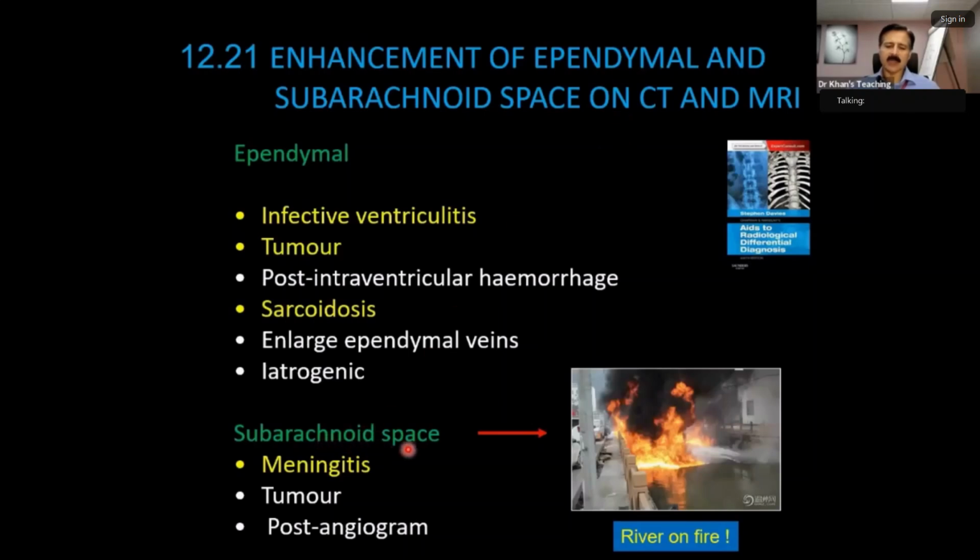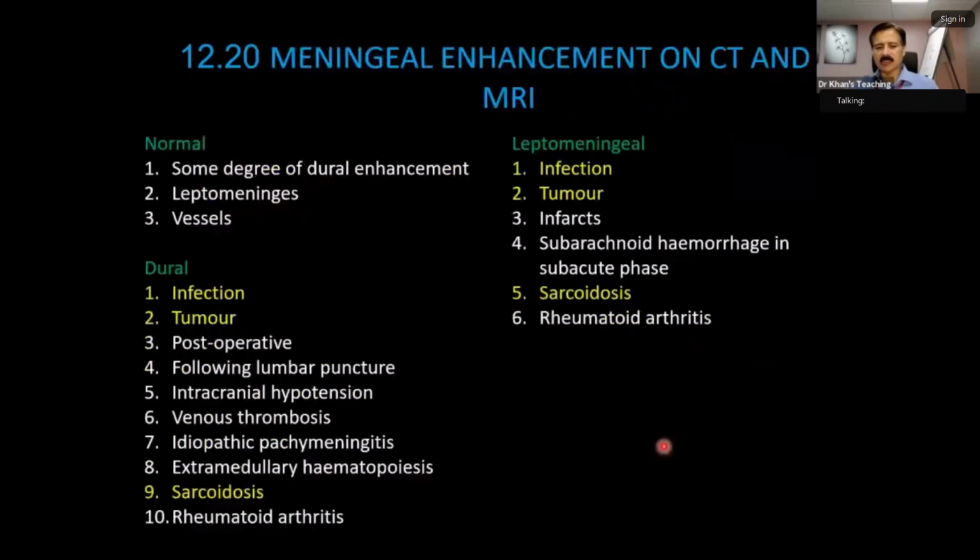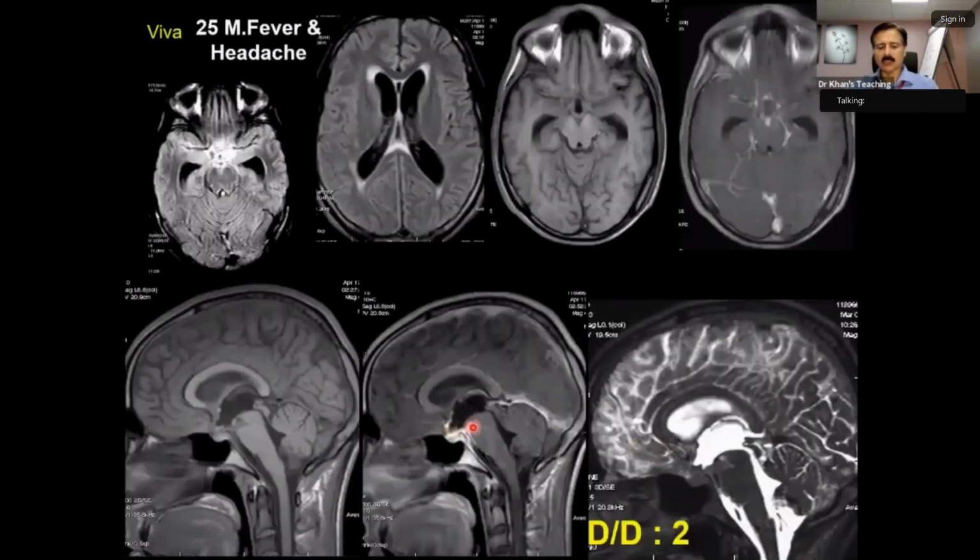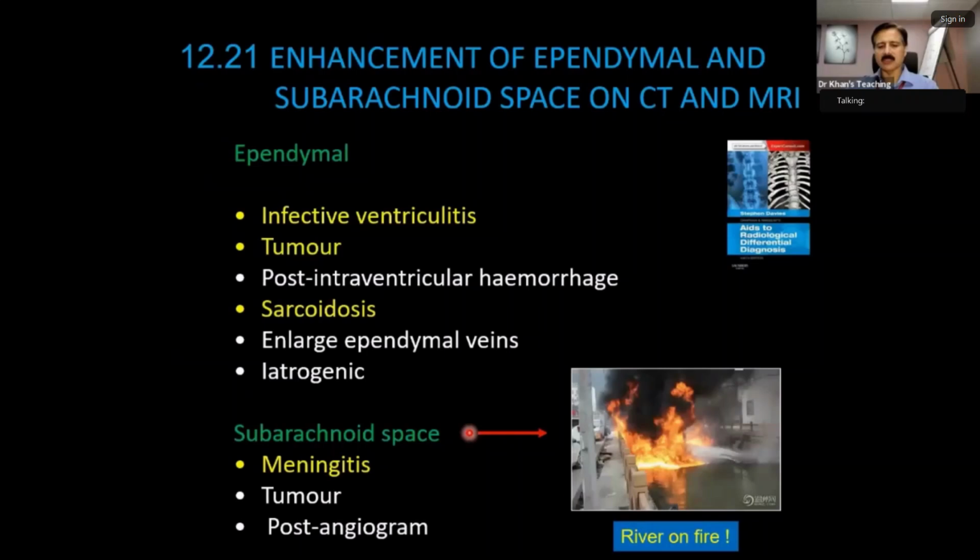In the whole subarachnoid space, as in meningitis, I say it is as if the river is on fire. What is the river? In your case, the river was the suprasellar cistern, and it is replaced. There is no water, no CSF there. Instead, there is something else which is on fire. So this is the river on fire sign for me.